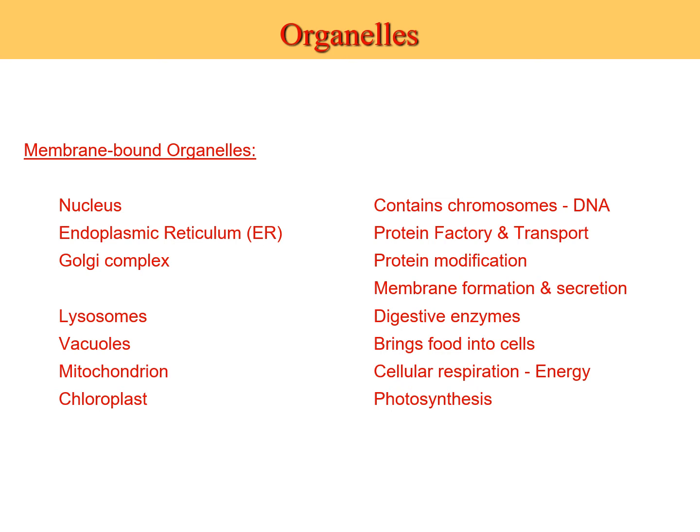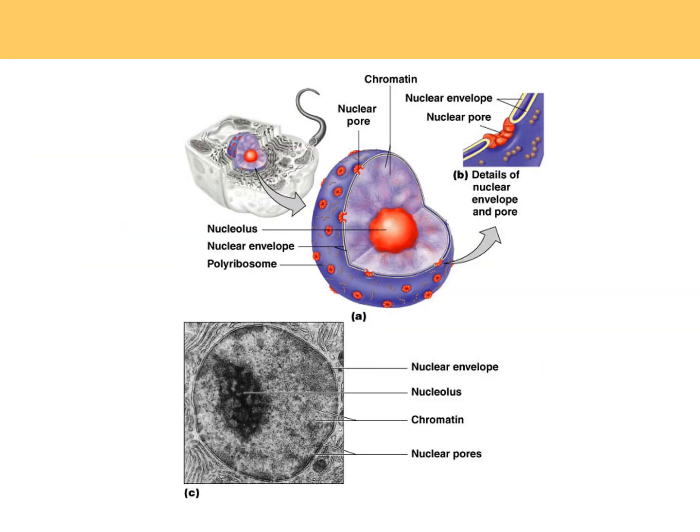It is two phospholipid membranes. There is also, of course, the endoplasmic reticulum, and then the Golgi apparatus or Golgi complex, and lysosomes and vacuoles and mitochondria and chloroplasts in plants or algae. I've listed the functions, so you can read it on your own. This is a review for you.